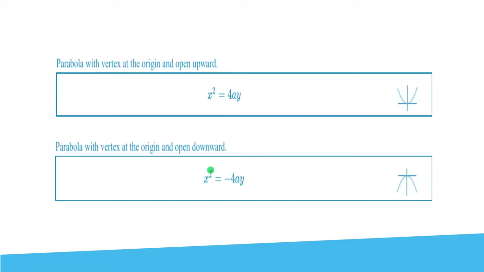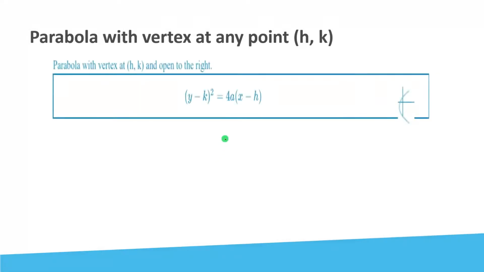Now, if the vertex is at any point on the Cartesian plane, where we have coordinate of the vertex of h for the x and k for the y component, the parabola with vertex at h and k coordinate, if it opens to the right, we have again a standard equation of y minus k squared equals positive 4a quantity of x minus h.